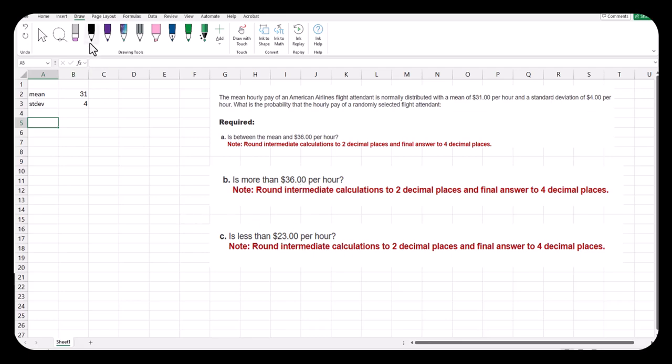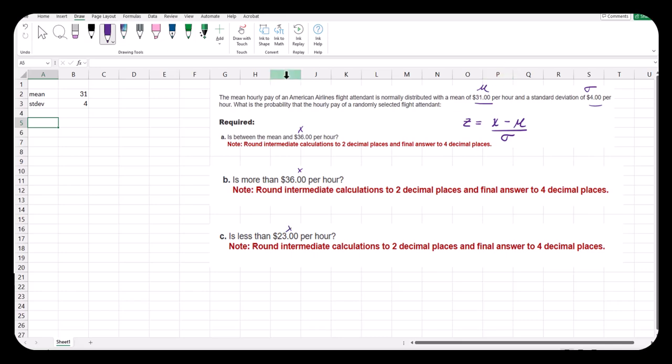All right, so all of these you actually work by finding the z-score, and I'll show you there's actually another way of doing it, but the z-score is where you take x minus mu over the standard deviation. You know mu, the mean, and you know the standard deviation, and x are these values right here.